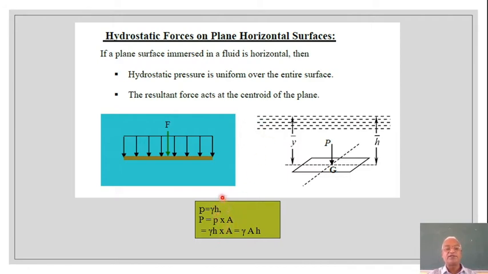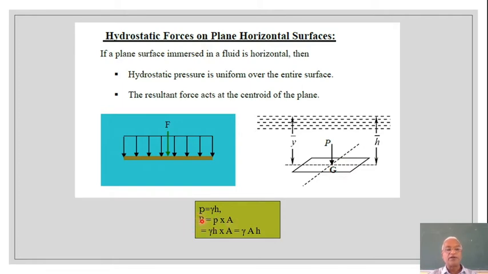Now in this case the depth is uniform, meaning if the plane is horizontal, the depth will be the same everywhere or for every part of the surface. Because of that, whether you call it H or H bar, it is nothing but the depth of center of gravity. So the pressure intensity multiplied by area will give you the total force.